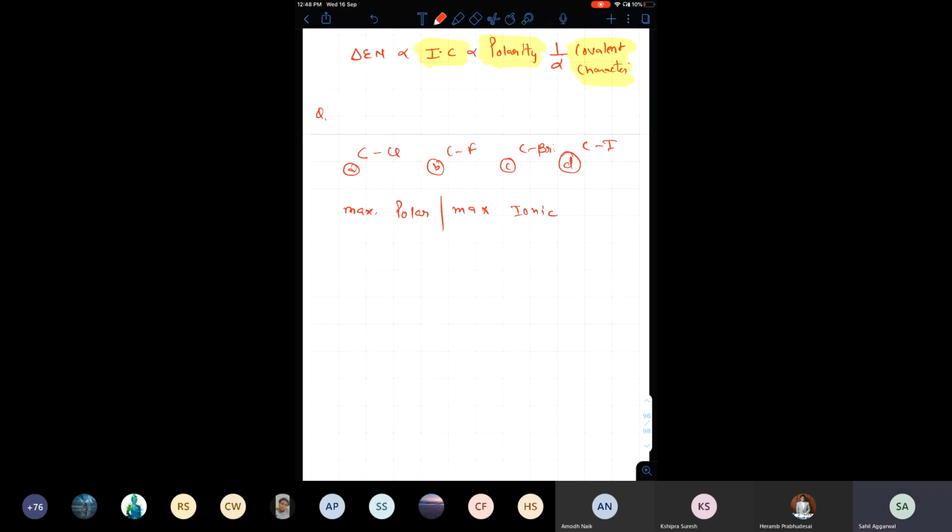B. Understood. All of you understood this? Which one is maximum covalent?